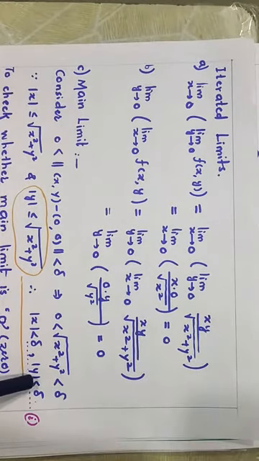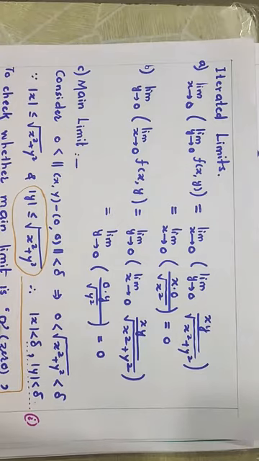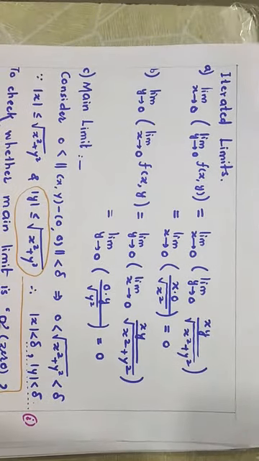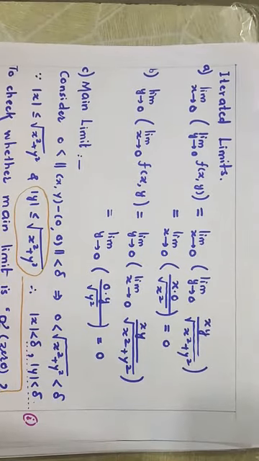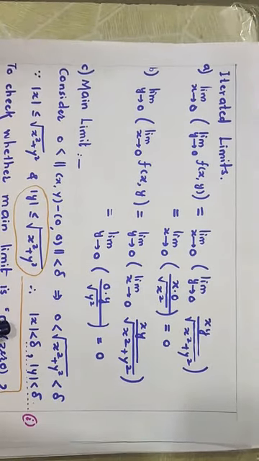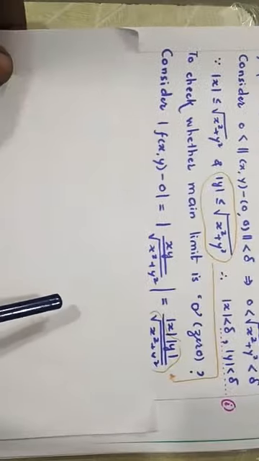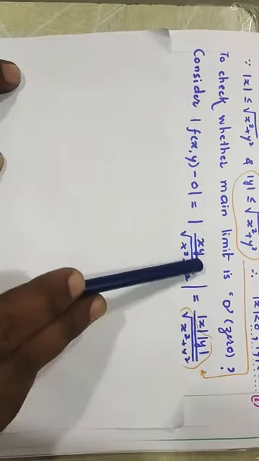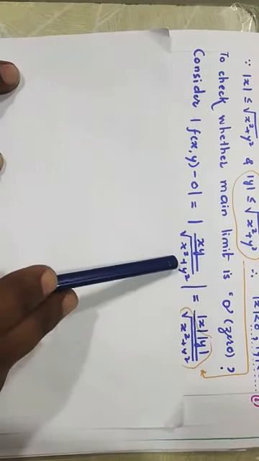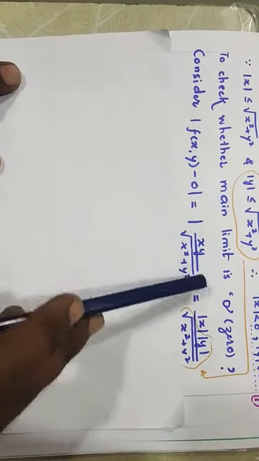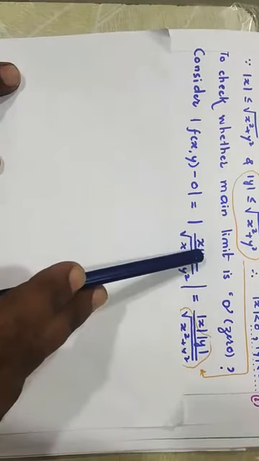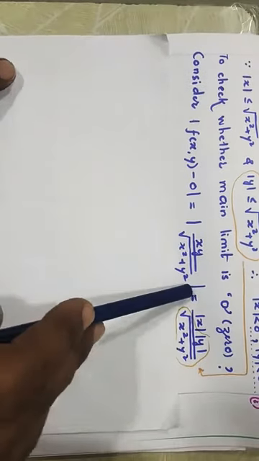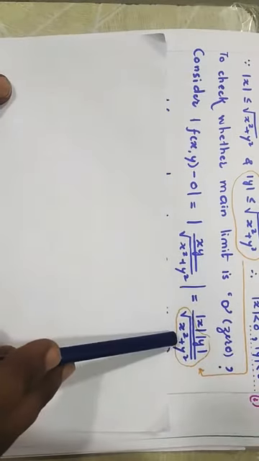To check whether the main limit is 0 or not, we consider mod of f of (x,y) minus 0. f of (x,y) is xy upon root of x square plus y square, minus 0. This will be mod of x into mod of y upon this square root, which is positive, so we don't need to use mod here.